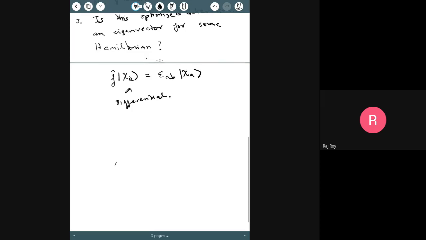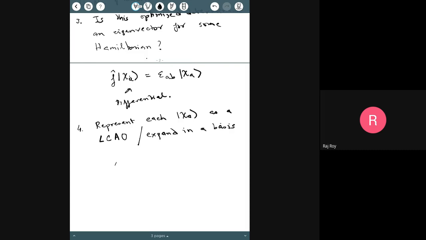Then we say that I represent each spin orbital chi A as a linear combination of atomic orbitals, or equivalently expand in a basis.